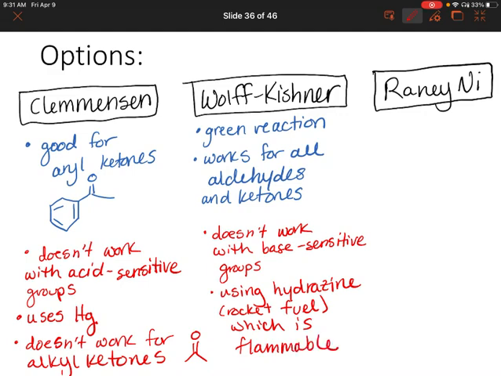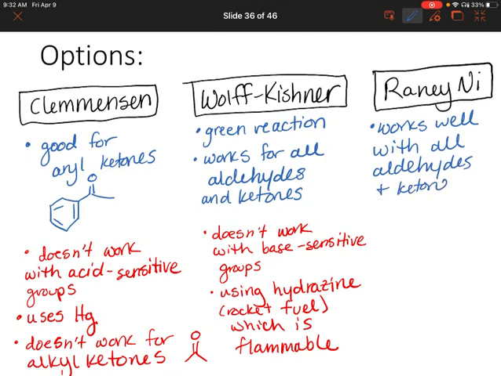And then for Raney nickel, we just said that that's a porous alloy. And that works really well with all aldehydes and ketones, so that's great.